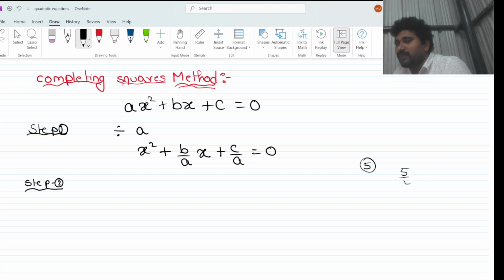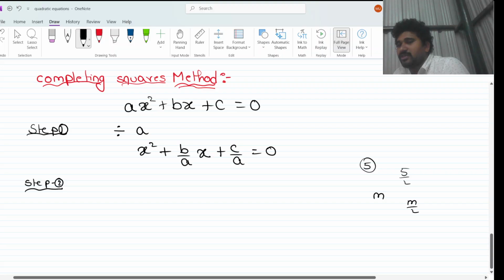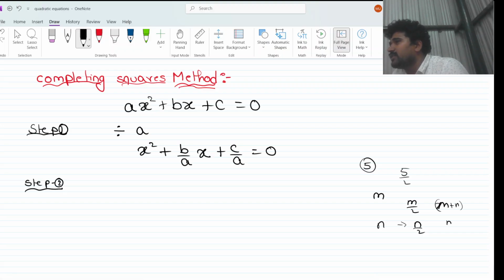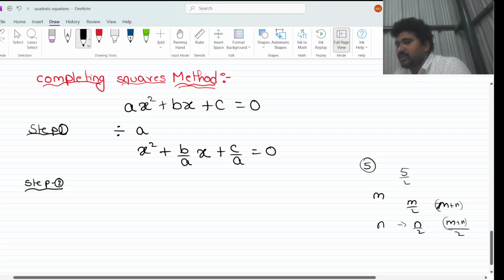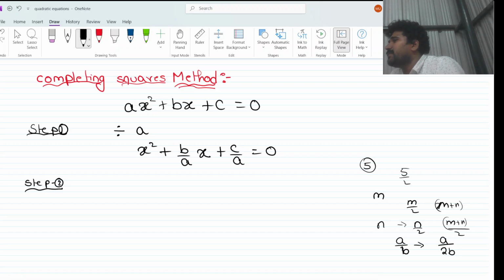If the coefficient of x is m, half of that is m/2. If it is n, n/2. If it is m plus n, then m plus n by 2. If the coefficient of x is a by b, half of that is a by 2b, because a by b by 2 is nothing but a by 2b.